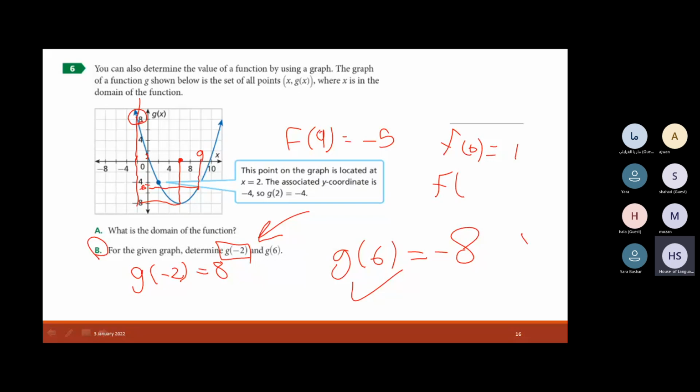f of 2. Okay, make it enough. f of 2. Yes, it's negative 4. Or g, not f, because the graph here is g. Okay, f of 4.